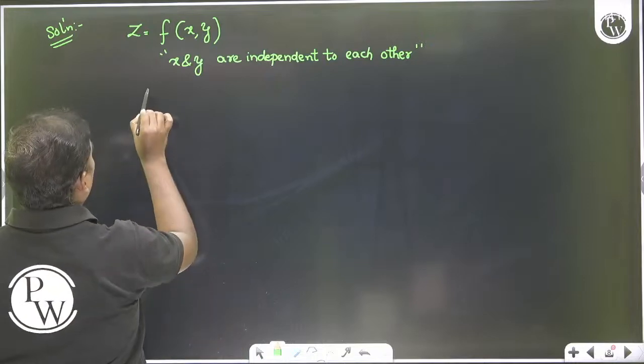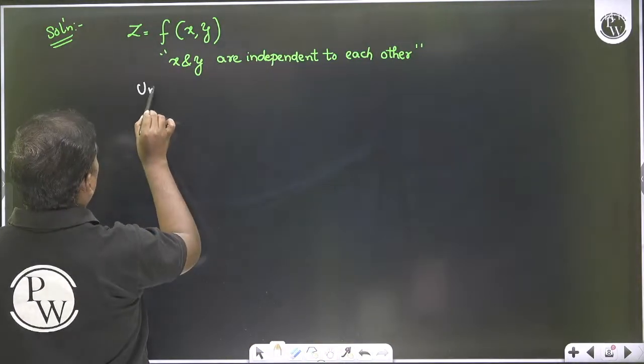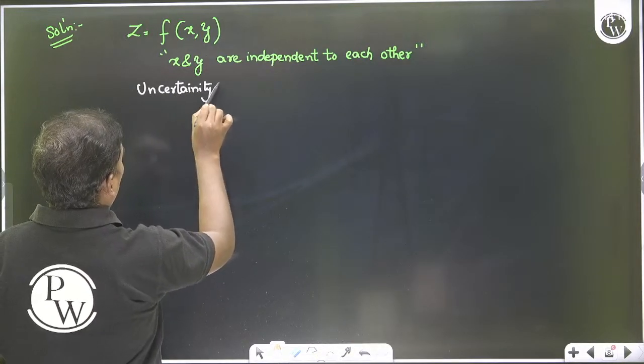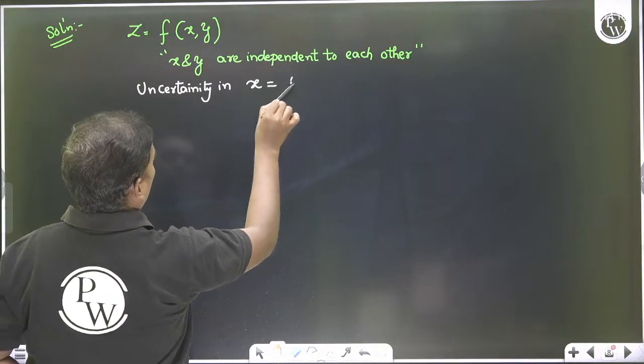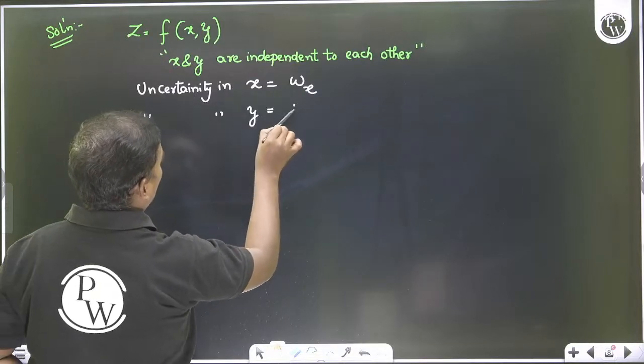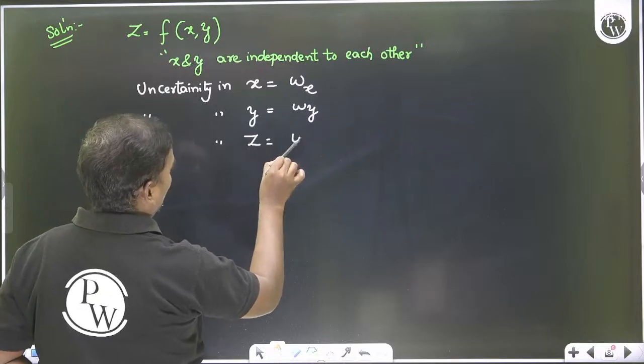And the uncertainty in x is wx, uncertainty in y is wy, uncertainty in z is wz.